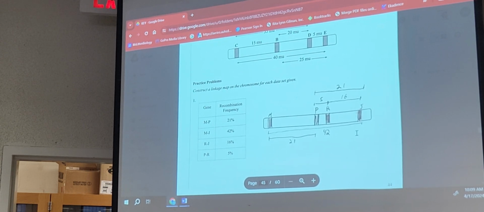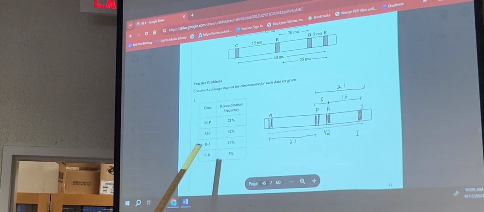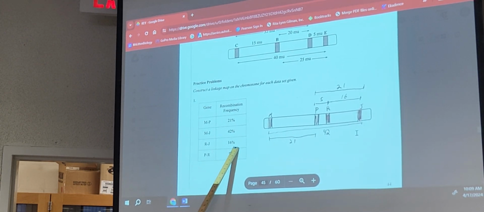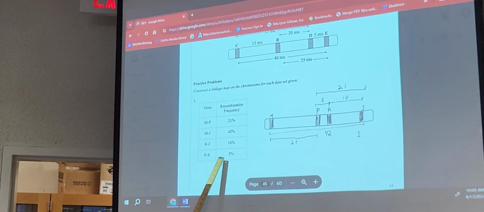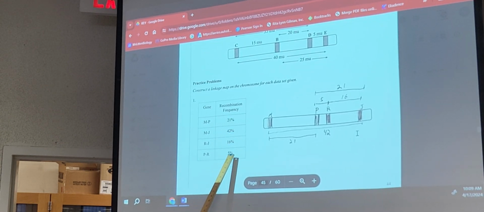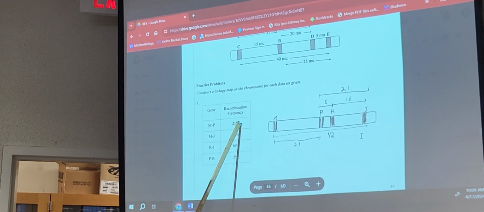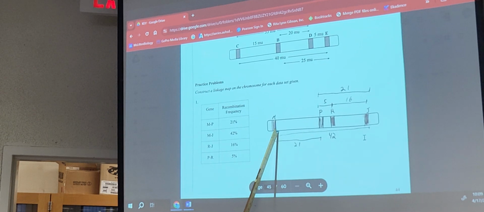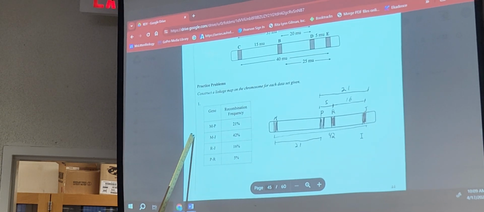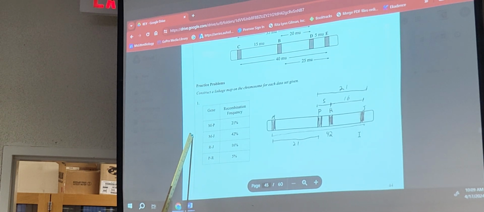We still don't know where the others go yet. And we know that M to P is 21, R to J is 16, P to R is 5. So let's go to the next largest, which is the 16. So M to P has to be 21. It could be 21 this way, it could be 21 this way. But we know that P to R is 5.